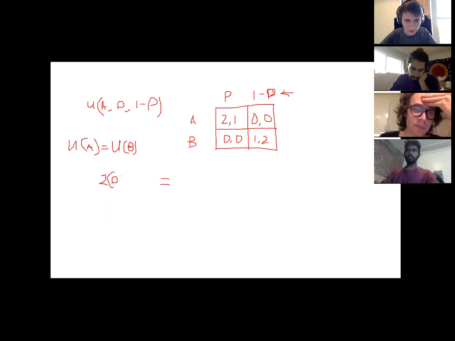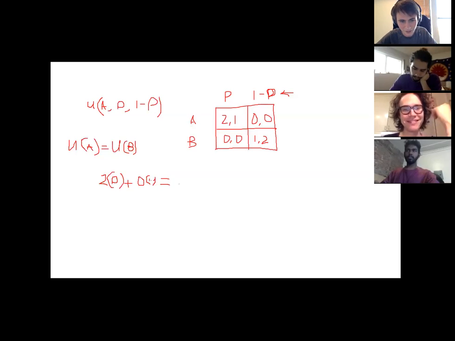It's going to be 2P plus 0 times 1 minus P. And then equals, right, because that's the top side. So 2P, 0, 1 minus P. And it's going to be 0P equals 0P plus 1 times 1 minus P.